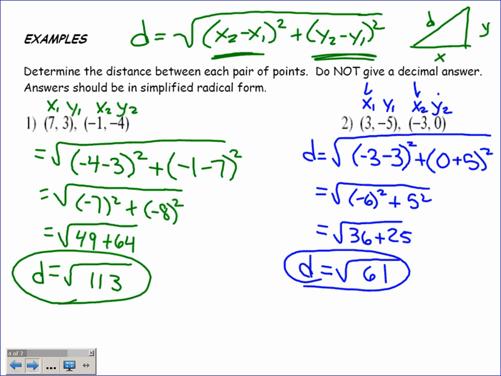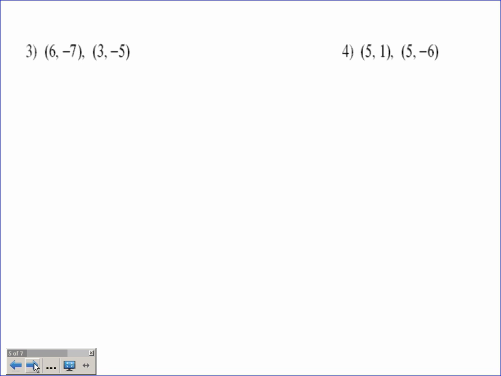Mitchell, number 3. What color do you want? Black. All right. Well, hey, let's write the formula really fast, shall we?